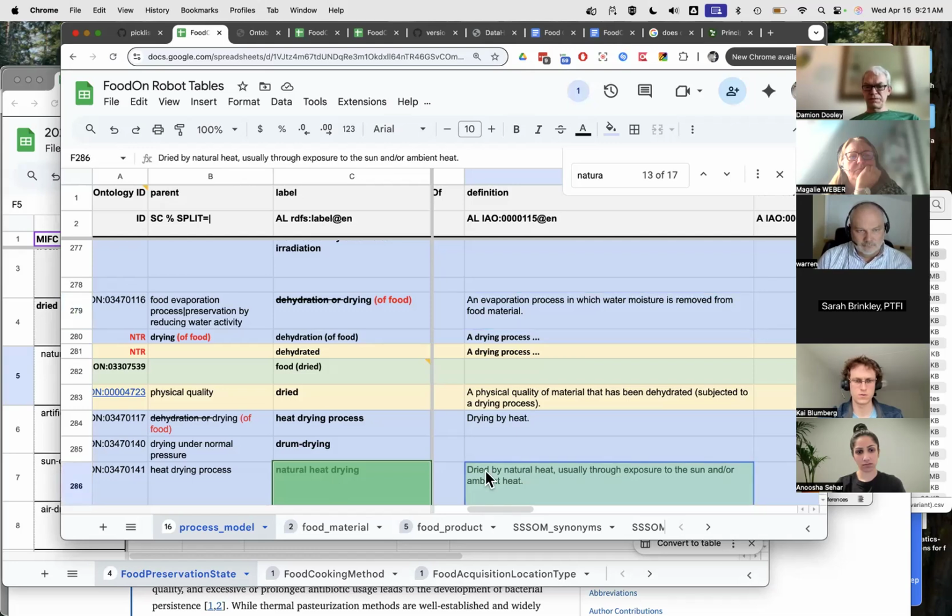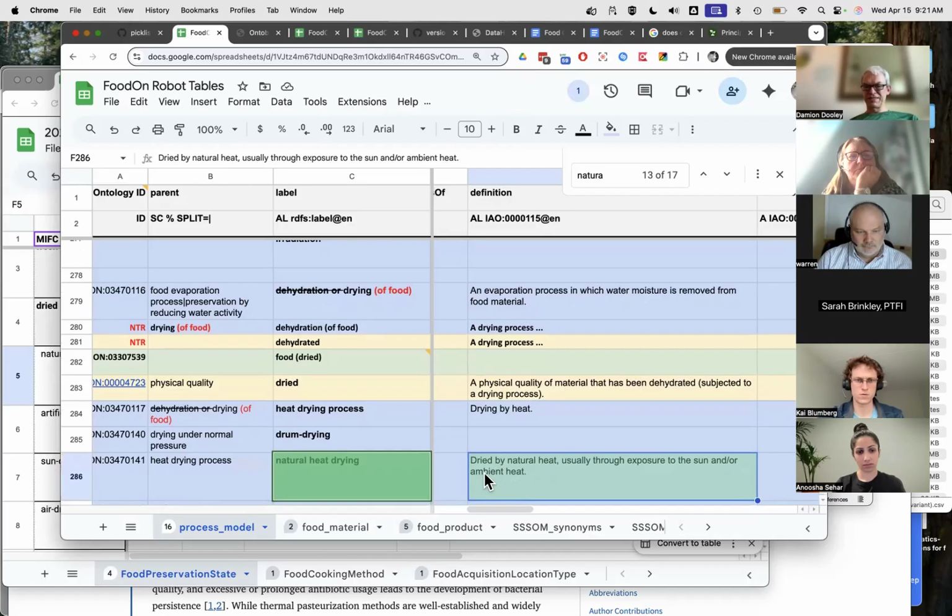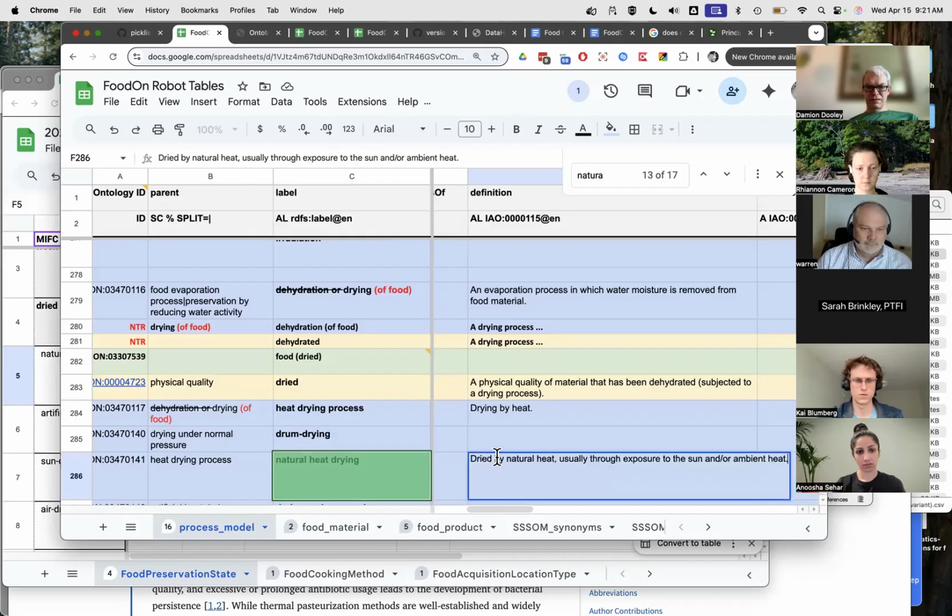Some of these definitions are coming straight from LanguaL and they need to be tweaked for a new language. So instead of dried by natural heat, drying.